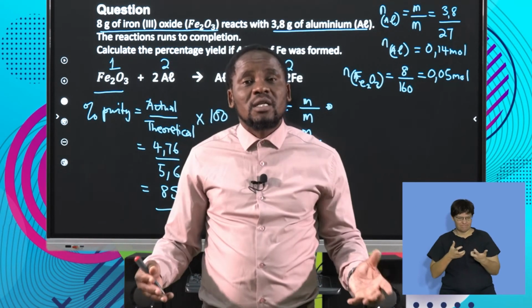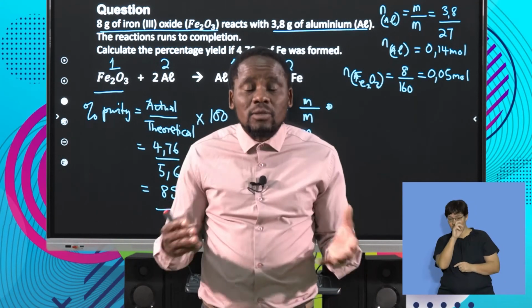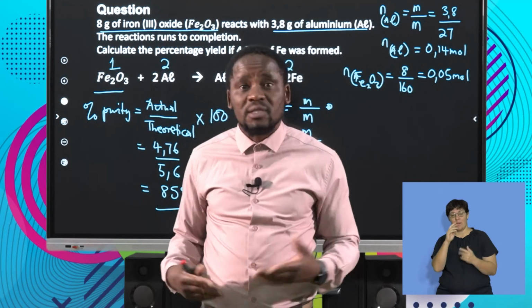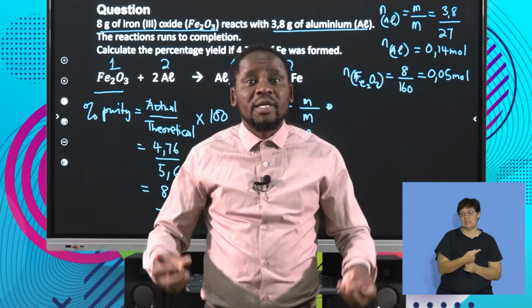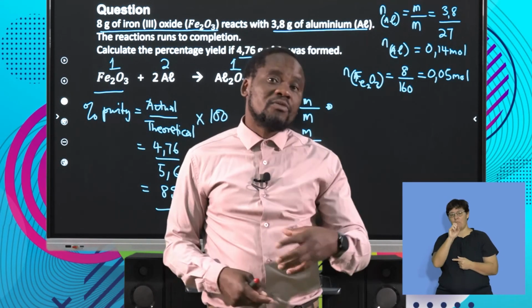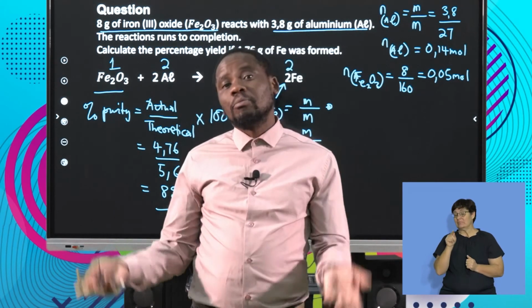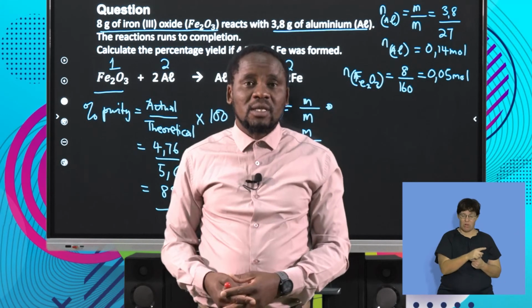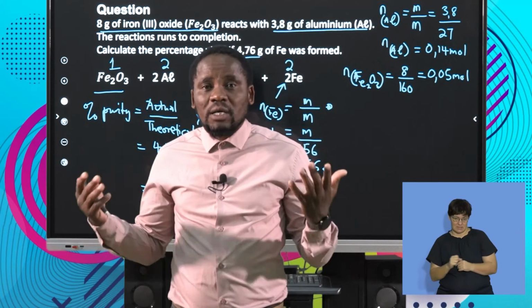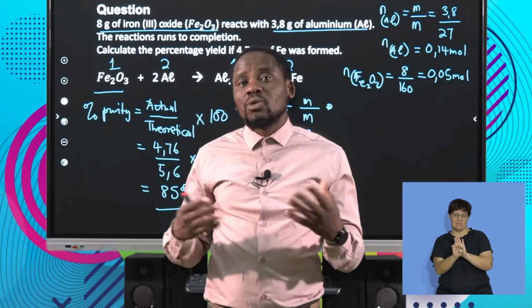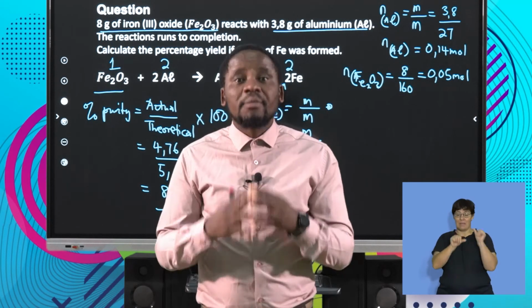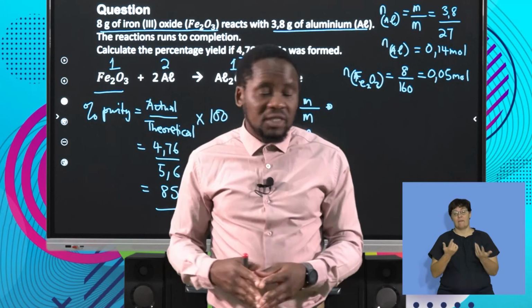The mole is the SI unit of the quantity of matter. So we don't talk grams, kilograms, tons when we talk amount of matter in a chemical reaction, but we talk of moles, which is why we always go back to the formula: number of moles is equal to mass over molar mass. This is just one example to say that as long as there is a chemical change or a chemical reaction, stoichiometry will always be featured.